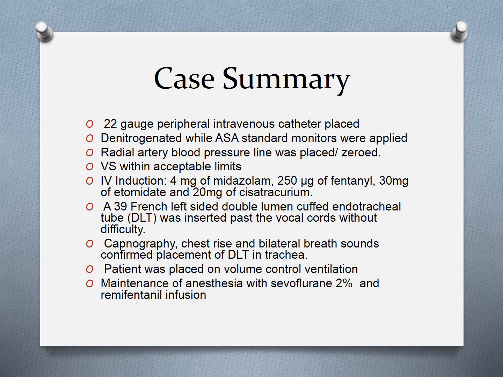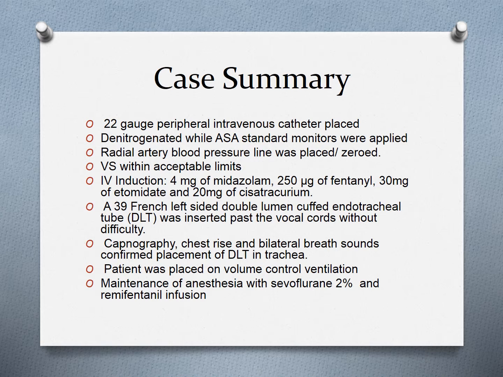Getting into the case, we placed a 22 gauge peripheral IV in the OR. The patient was denitrogenated while ASA standard monitors were applied. In addition, a radial artery blood pressure line was placed and zeroed. Vital signs were checked prior to induction and were deemed acceptable within the normal limits. IV induction with 4 milligrams of midazolam, 250 mics of fentanyl, 30 milligrams of etomidate, and 20 milligrams of cisatracurium.